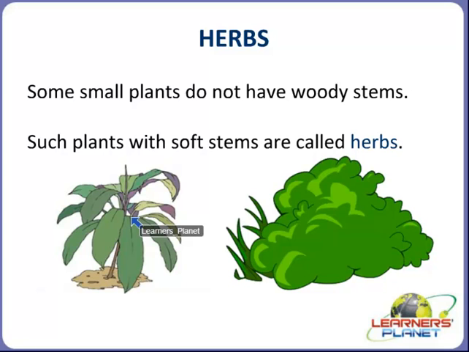So, this is a plant with a very soft stem and it grows in the presence of water. And this is a grass which have no woody stems. So these plants are called as herbs.